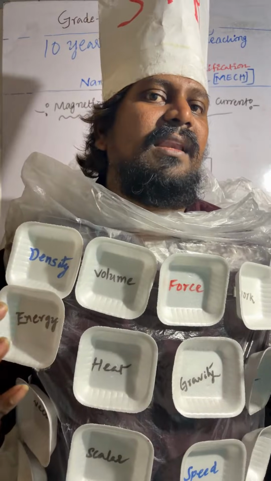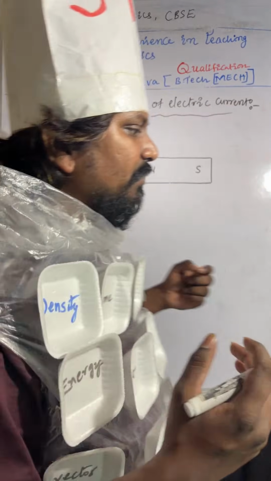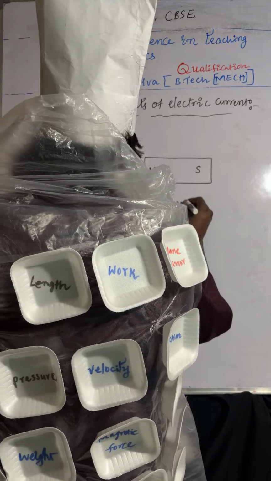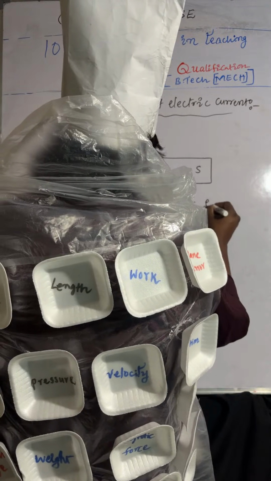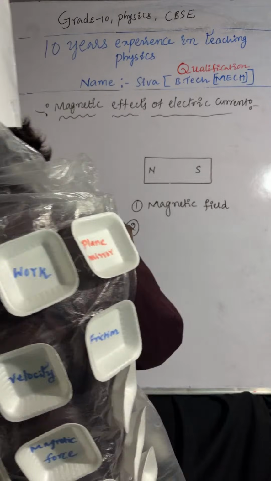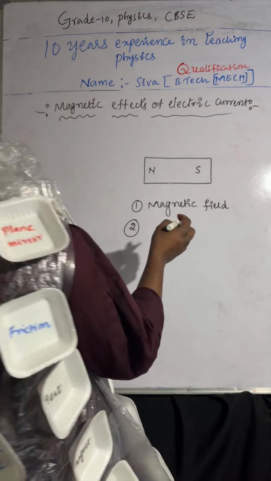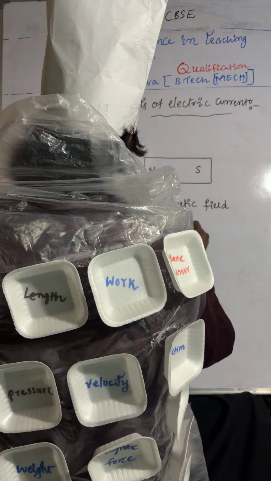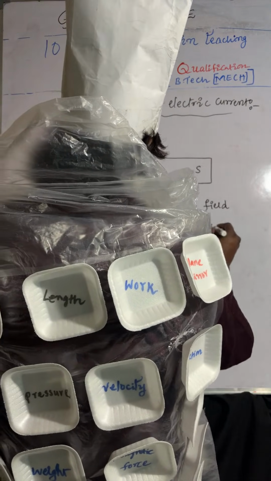Around the magnet, a magnetic field will be there. The next topic is properties of the magnetic field lines.